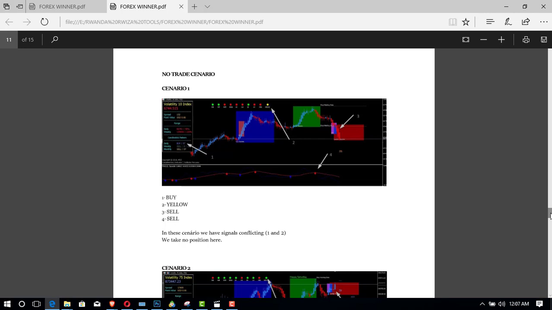Once a plan has been developed and backtesting has shown good results, the plan can be used in real trading. So the rule number 2, treat trading like a business.